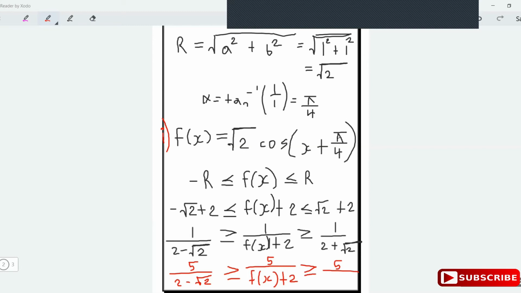That's where it is in between. Nice. Now, some persons like to put it in decimal. If you like to put it in decimal, that's fine.